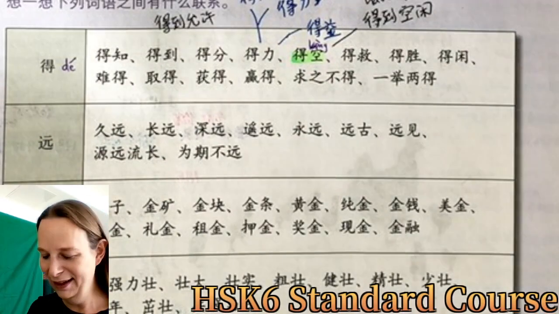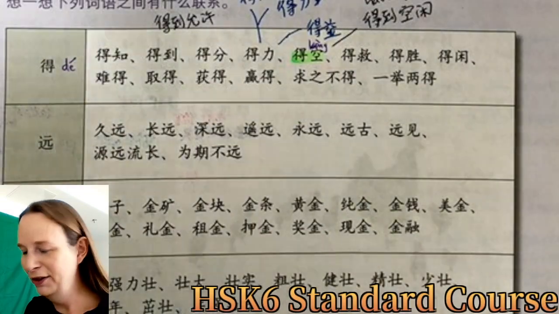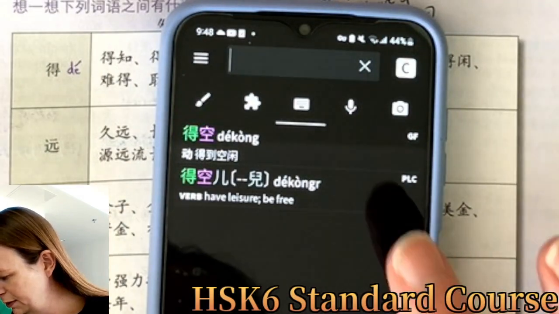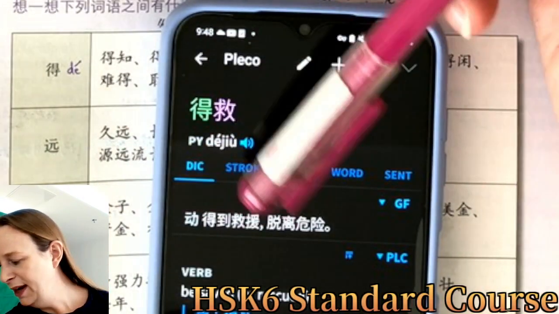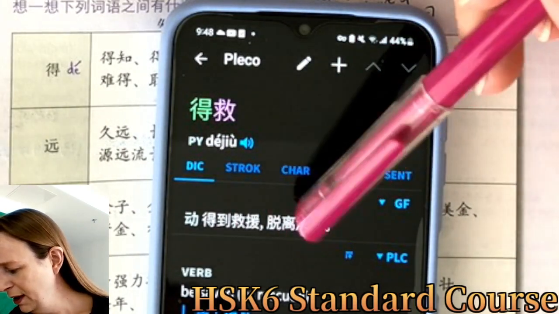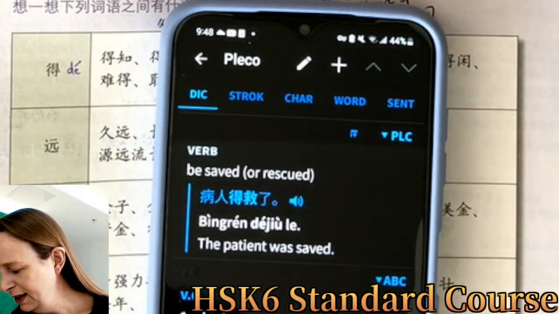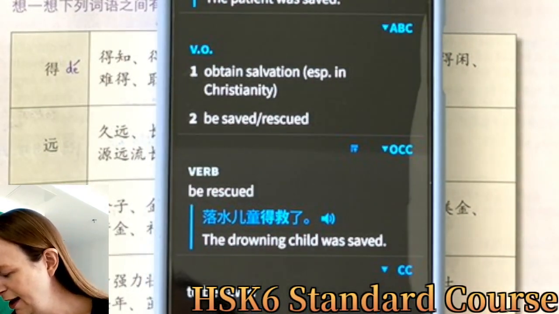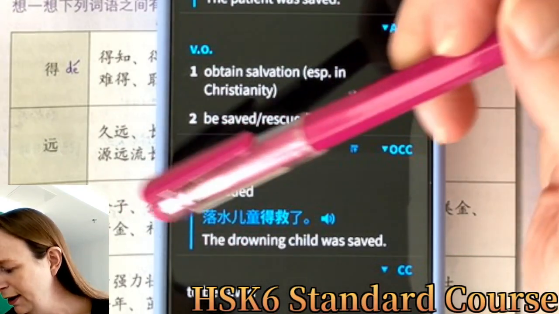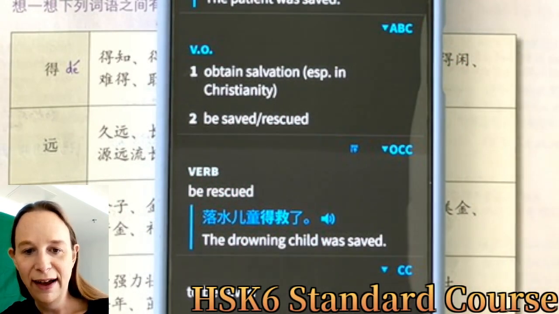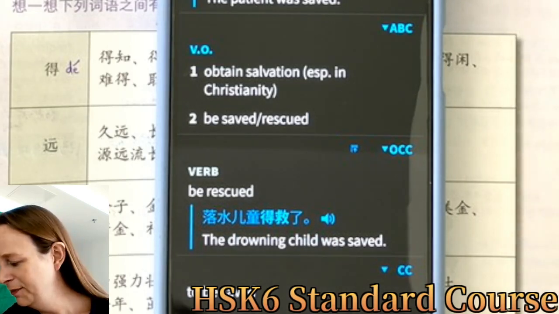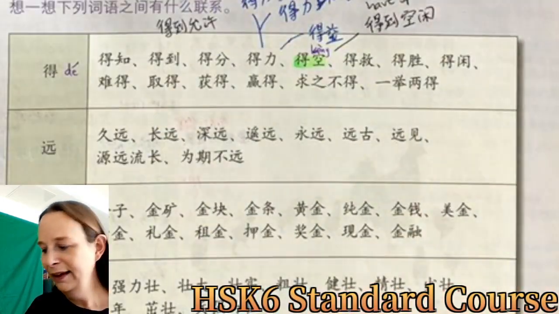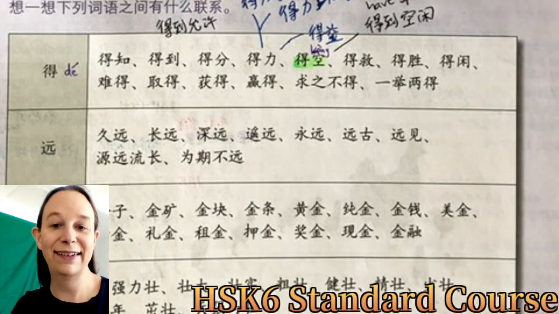Yeah, 就是救了, something like that. 就是挽救了 right. 得救。得到救援，脱离危险。OK，病人得救了，saved. In Christianity, OK. 落水儿童，得救了。OK，落水 falling in the water, right? 儿童，得救了，rescued. Yeah.